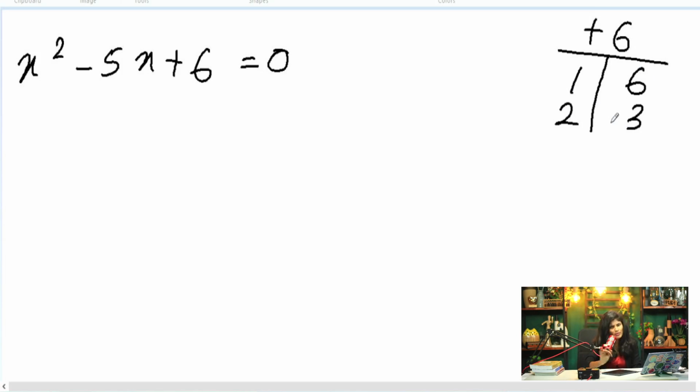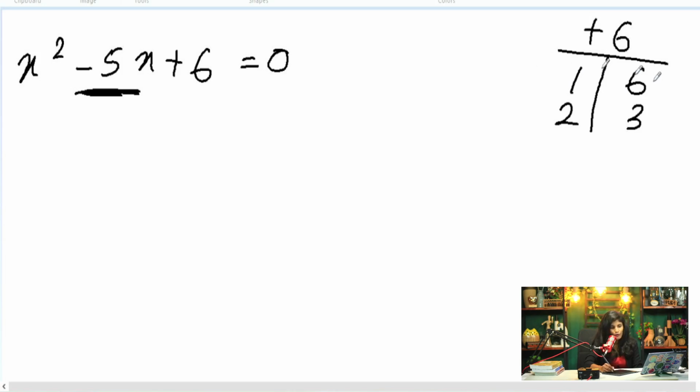But the problem is the middle value is negative. To make the last number, the product, a positive value, we have to make both numbers negative or both numbers positive. But to make the middle value negative, both numbers must be negative. Okay, so now it's easy.